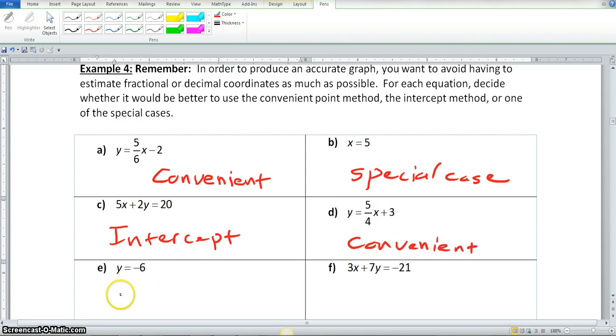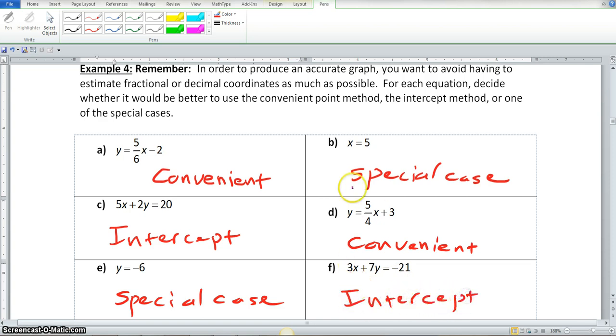Y equals -6. That's another special case. And 3x plus 7y equals -21. We'll use the intercept method. Now remember, this is to help you more effectively do your problems, because if you try to apply the special case to the convenient method, you will have a hard time to go as far as graphing is concerned.